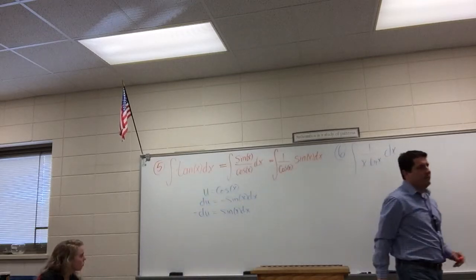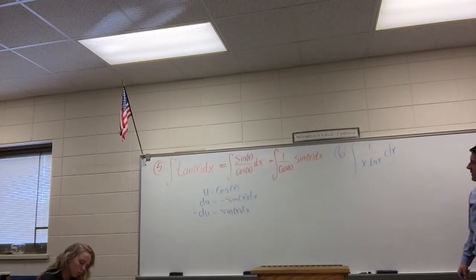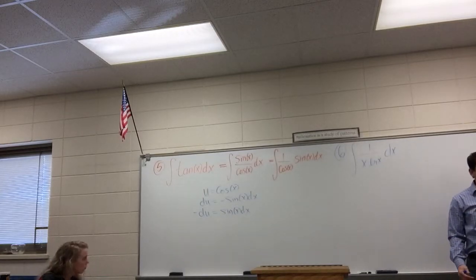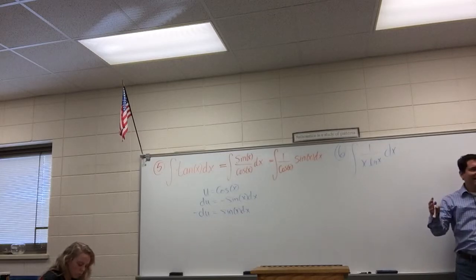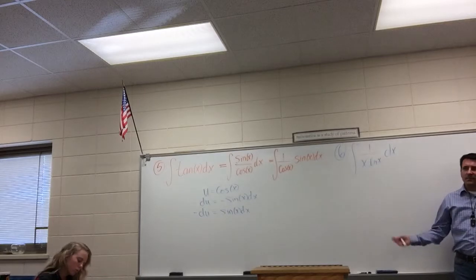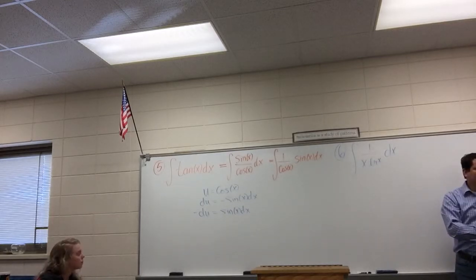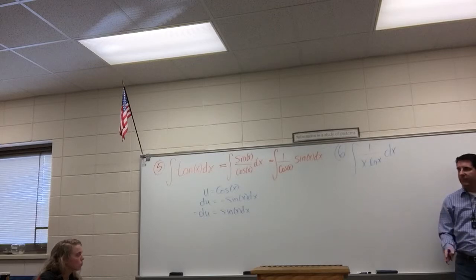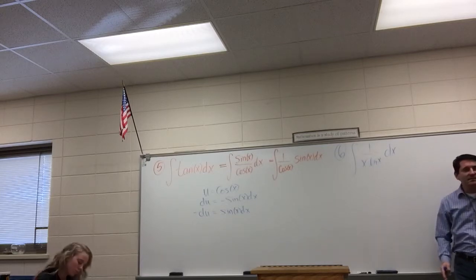Goes back to our derivative. You've got to go back to last semester. Derivatives. Derivative of the sine of x was cosine of x. Derivative of the cosine of x was negative sine of x.